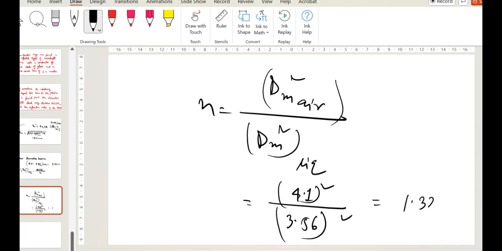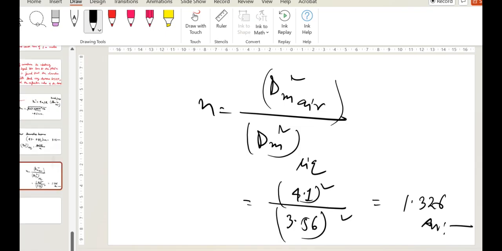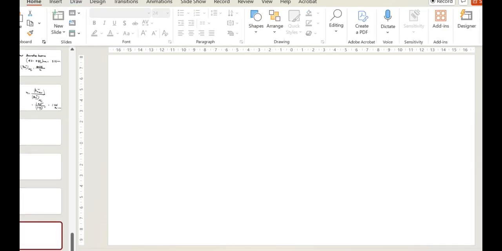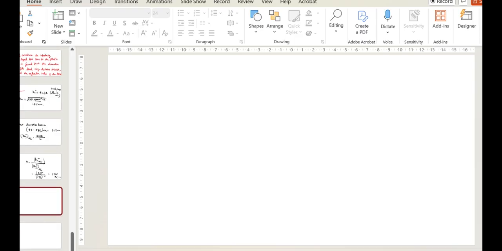So this becomes 1.326. This is the answer. Here the (m plus p)th fringe is not given, so you can use the order of fringes as given. That also works.